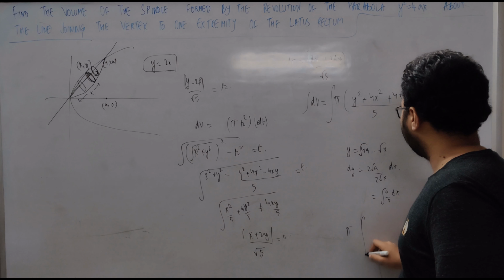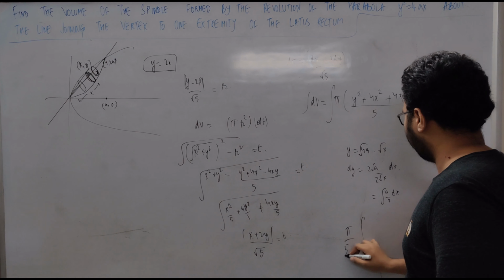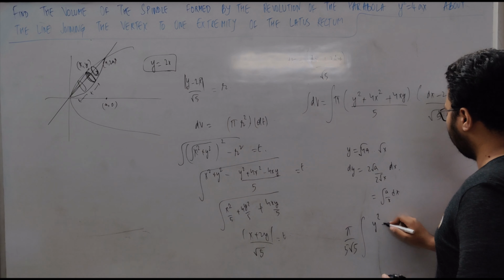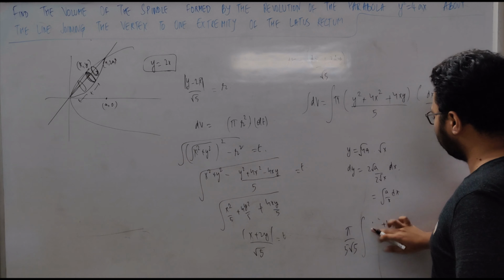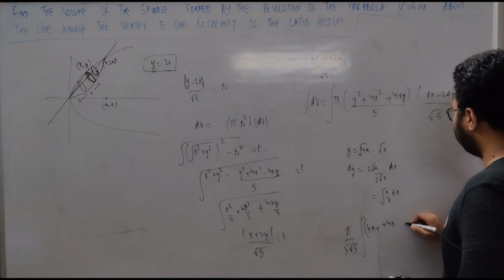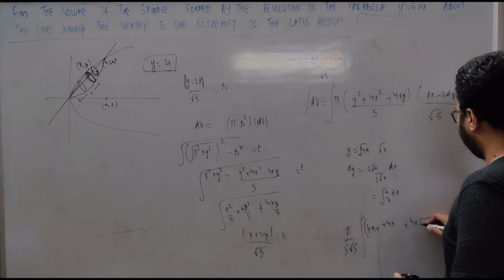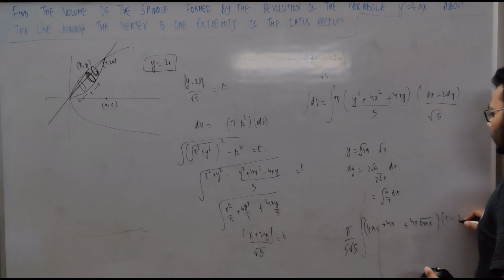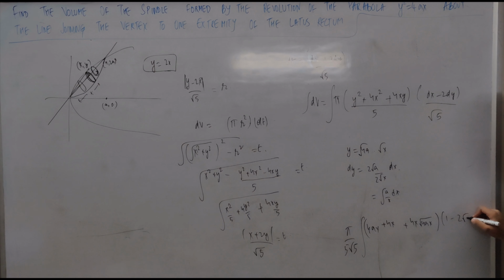So pi integral, 5 root 5, y square plus 4x square, where y square is 4ax, plus 4x, plus 4x under root 4ax, times 1 minus 2 under root a upon under root x dx.